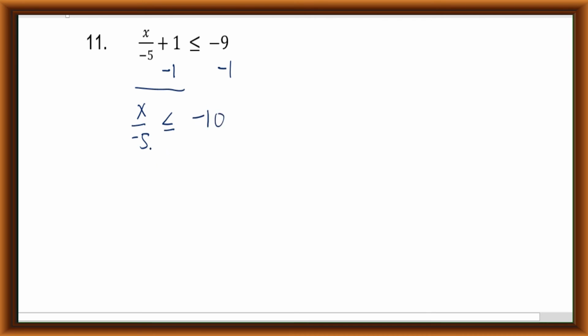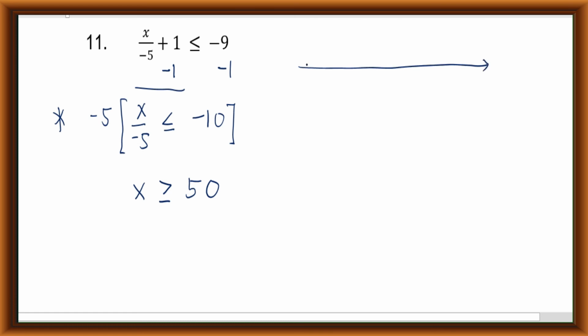Then, of course, here I have negative 5, so I'll multiply both sides of the inequality by negative 5. Take note again, if I apply the MPI, I'll change the direction of my inequality. So I have this time x is greater than or equal to negative 5 times negative 10. So this is 50.